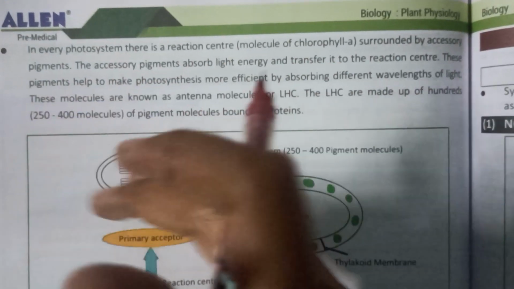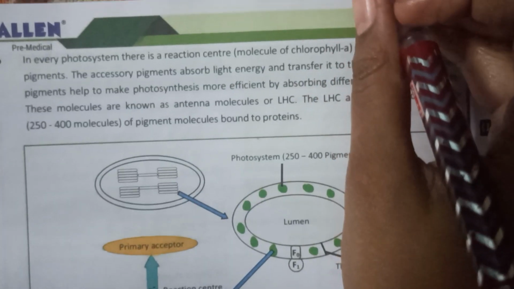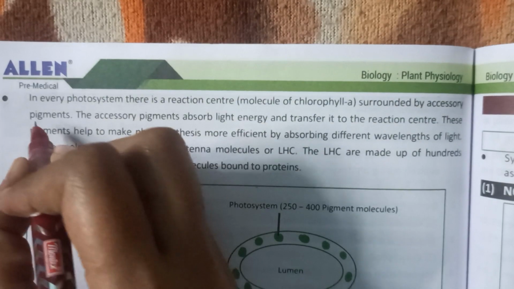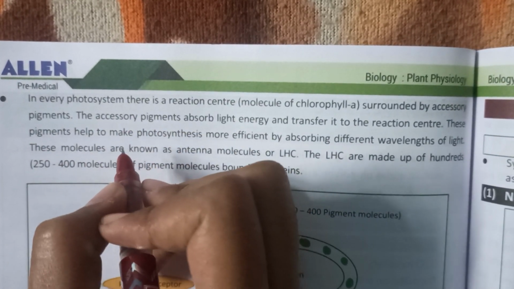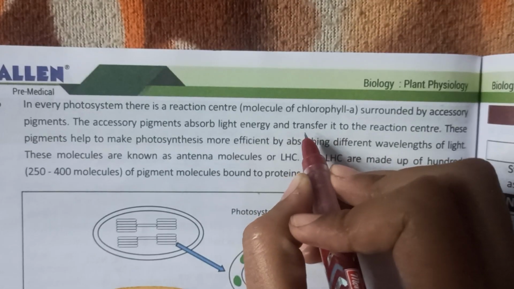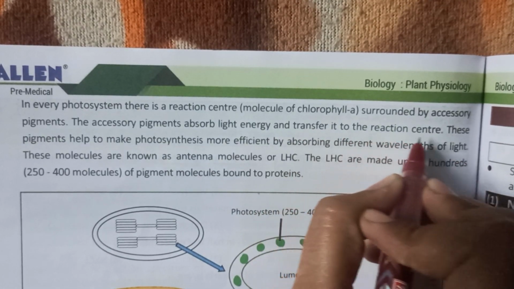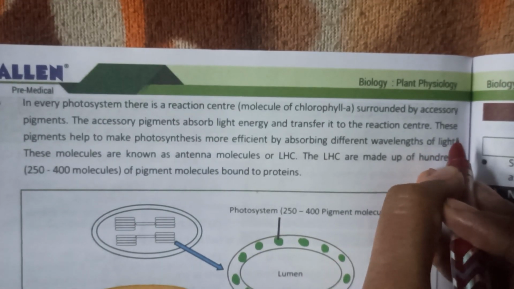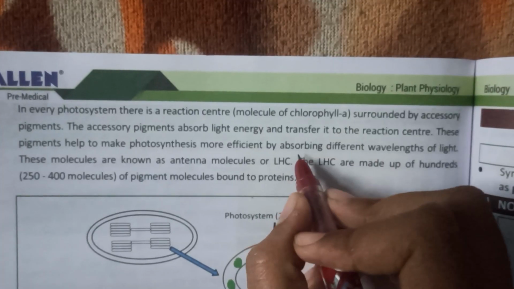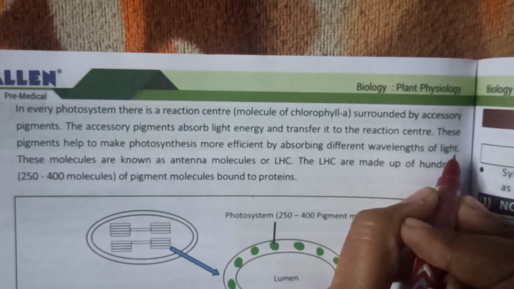So in every photosystem there is a reaction center molecule, a single molecule of chlorophyll A surrounded by accessory pigments, that is chlorophyll B, xanthophylls and carotenoids. So these accessory pigments absorb light energy and transfer it to the reaction center, that is chlorophyll A. These pigments help to make photosynthesis more efficient by absorbing different wavelengths of light.